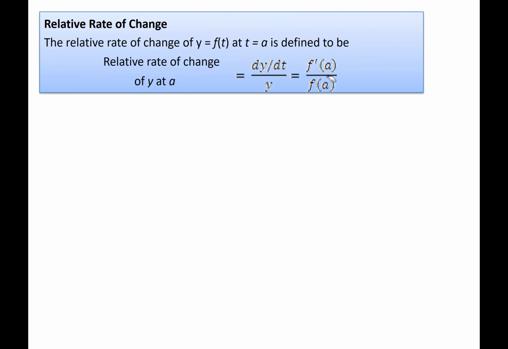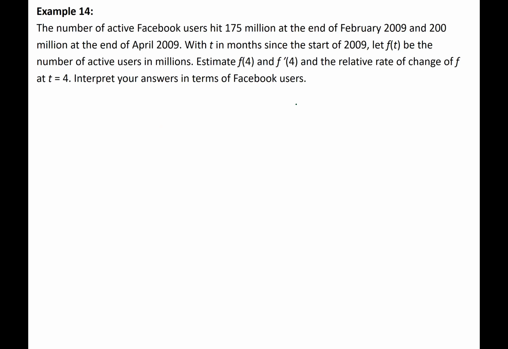That we call the relative rate of change: the derivative at a divided by the actual value at a. Please remember this and you will have no problem. I have the last question, and let's see if we can get this relative rate of change.